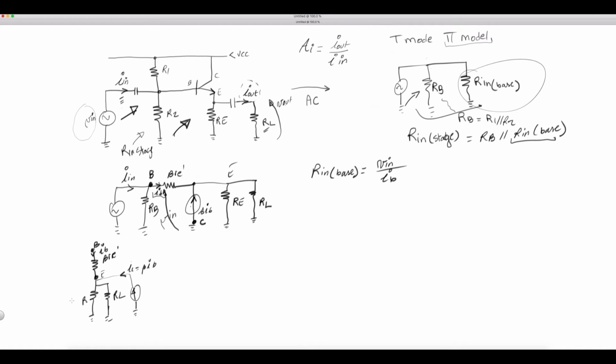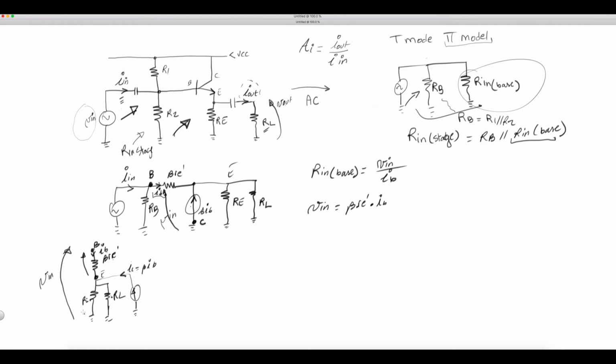Now, what do we have? Vn is from ground to here. It's composed of this voltage here, which is IB times beta RE prime. So Vn is partially equal to beta RE prime times IB. And then what else? Well, we have these two resistors in parallel, and they're being fed by two currents, IC and IB.